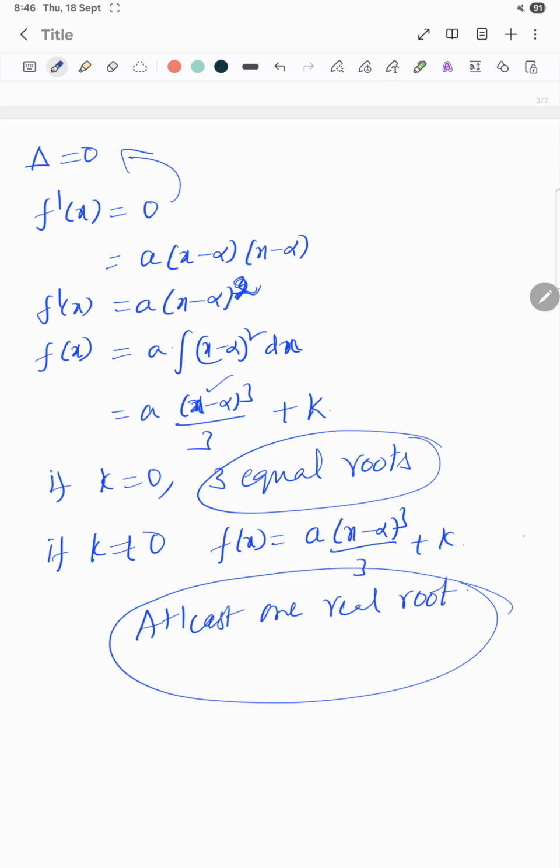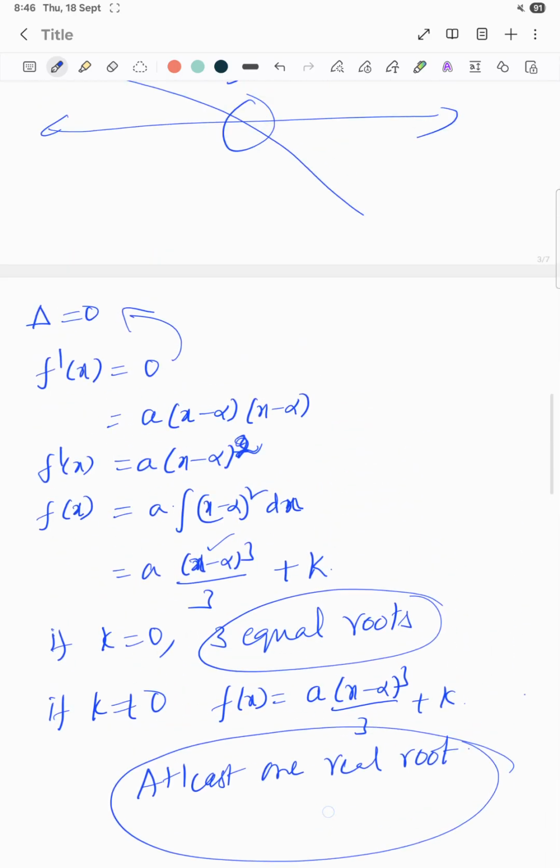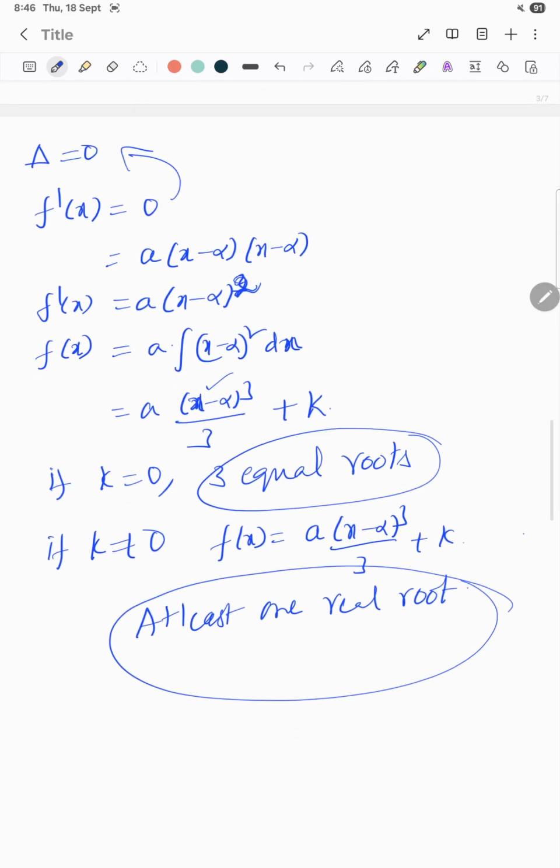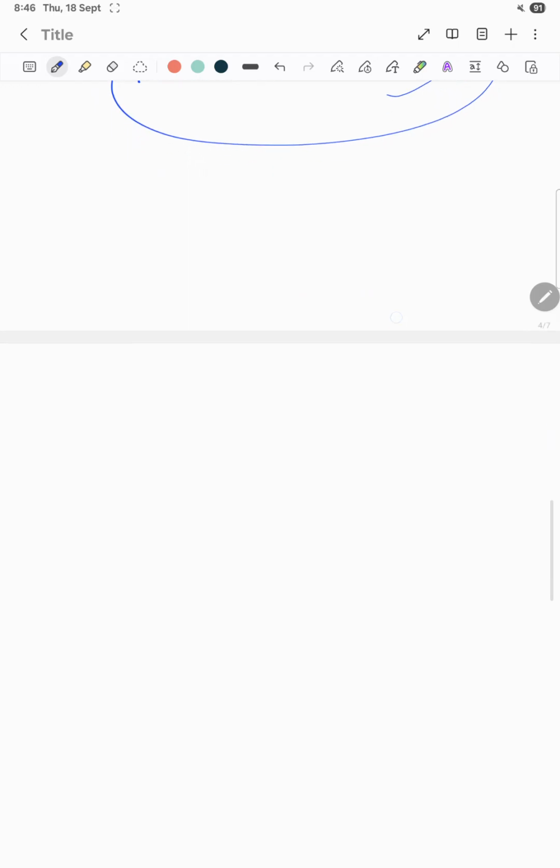Let us go to the next condition. We discussed that delta less than 0 will have exactly one real root, and delta equal to 0 will have either 3 equal roots or at least one real root based on the given condition. Now the third case, when delta is greater than 0.